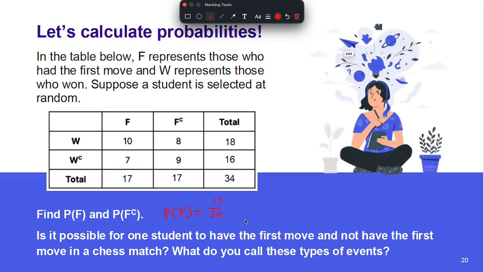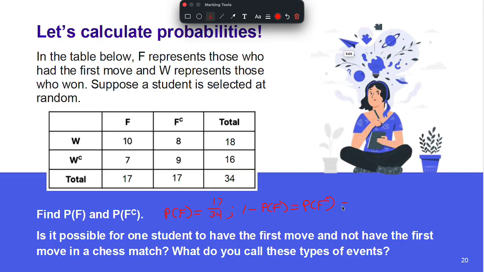Okay. Now what's the complement of that? Well, we could just subtract this from 1, because remember, 1 minus P of F would equal the P of F complement. And again, it could be the little prime. Here they're using the C to represent the complements. So we can look at it this way. Or we could look at, well, it looked like there were 17 out of 34 as well.